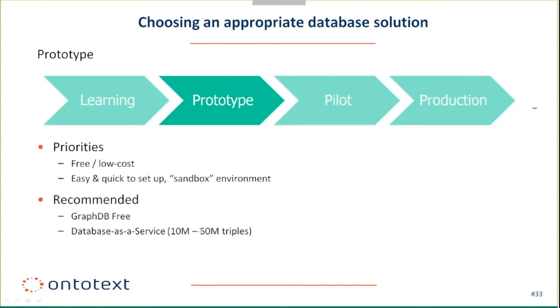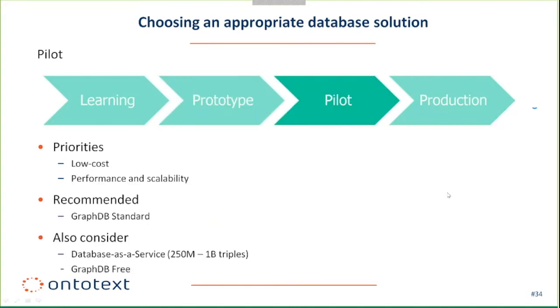So if your data has already grown sufficiently, you might also decide to use our second volume of the S4 service, which is up to 50 million triples. And if you're already in the pilot stage, your data is probably by now quite large, and you are running multiple queries simultaneously.